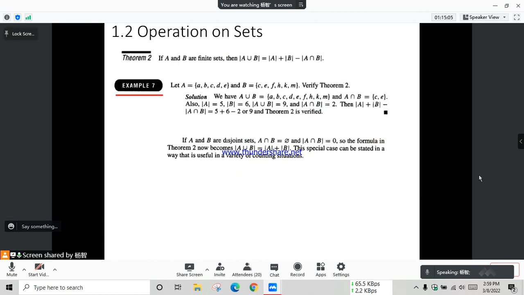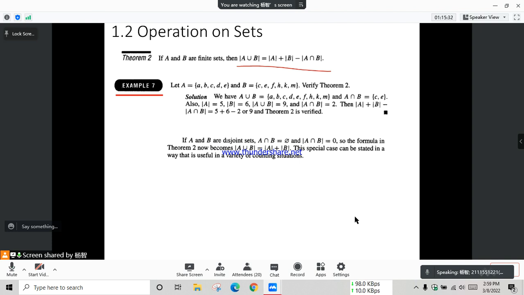Okay, theorem 2. This is the inclusion and exclusion theorem. Example 7. Let A equal {A, B, C, D, E} and B equal {C, E, F, H, K, M}. Verify theorem 2.